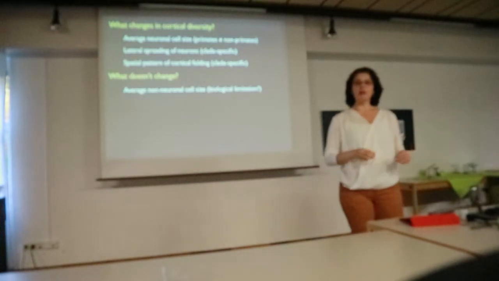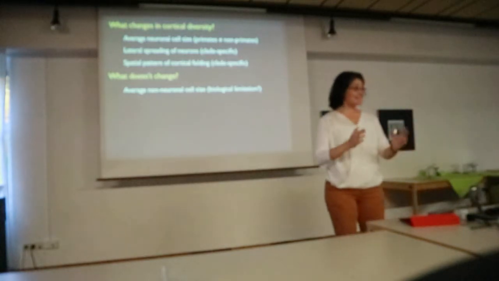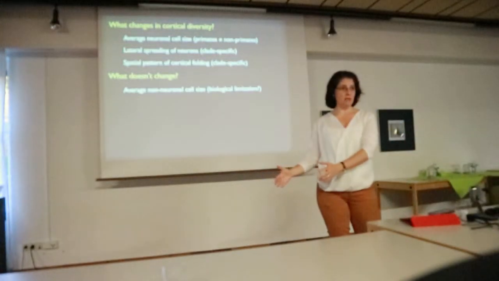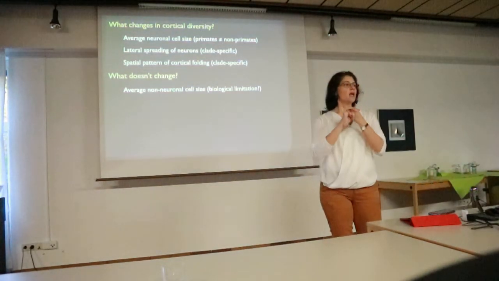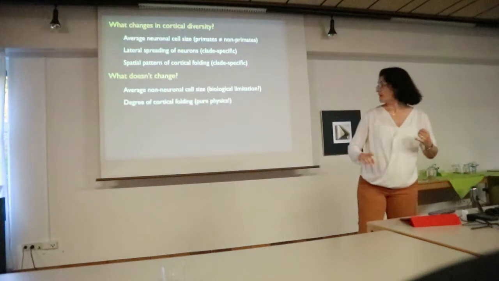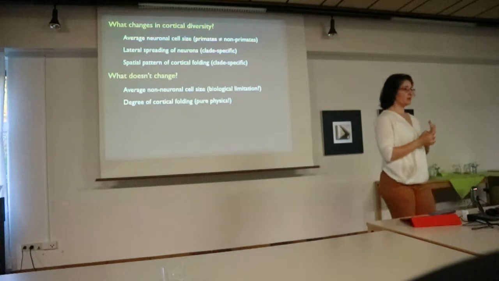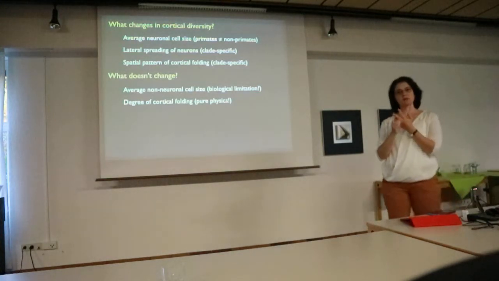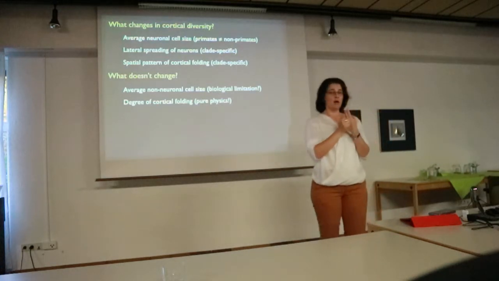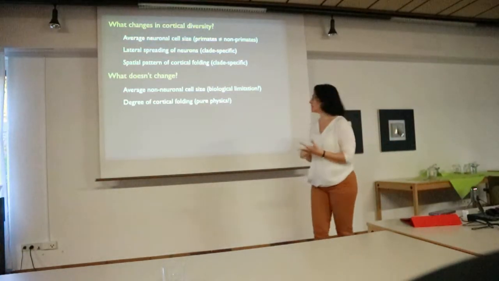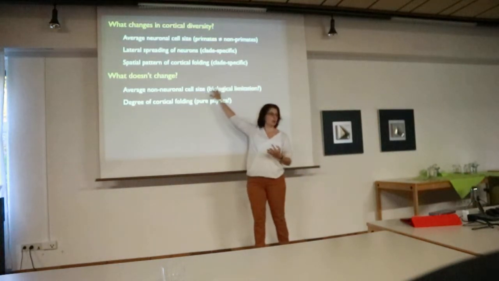So whenever you find some feature that doesn't change over geological time, that means that what you're looking at is either just pure physics, and that seems to be the case with the degree of folding of the cortex, or else is something that is under a very strict biological limitation.